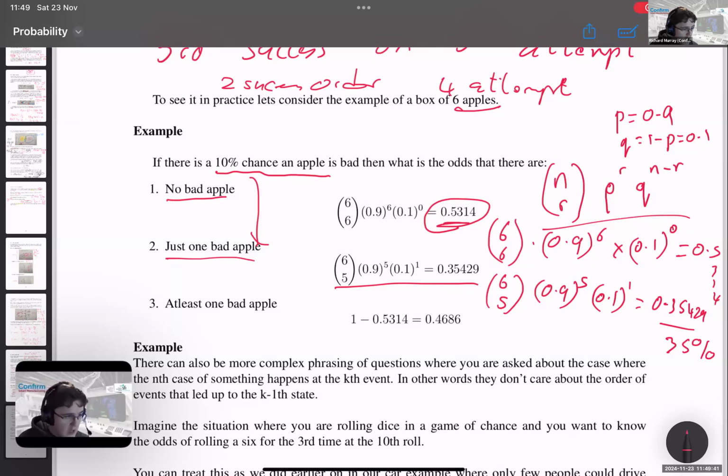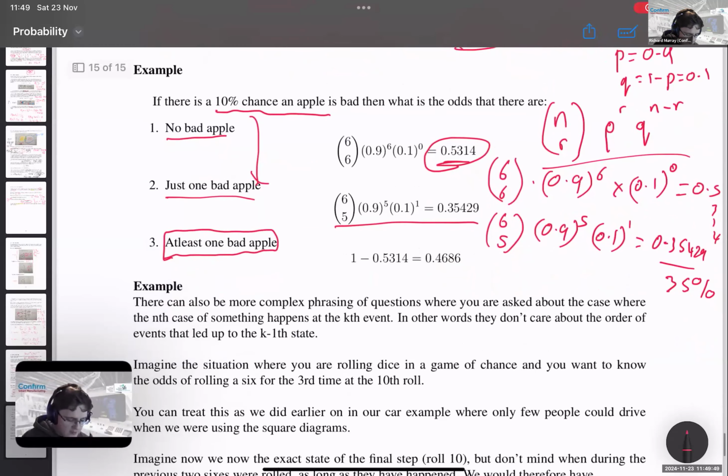If we're wondering about at least one bad apple, we can use our probability rules, where the probability of not A is equal to 1 minus the probability of A, to help us with this phrasing.